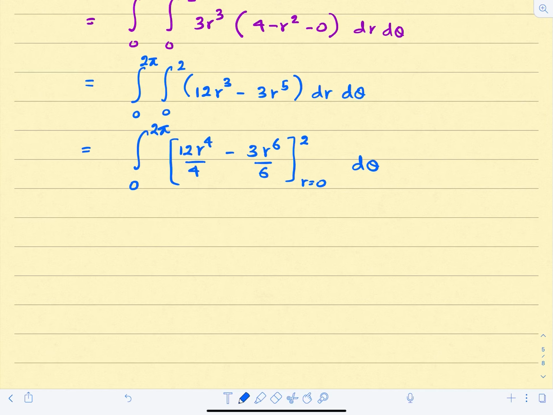If you apply the upper limit first, you will get 12 over 4, which is 3, so you have 3 times 2 to the power 4, minus 3 over 6 is 1 half, 1 half times 2 to the power 6. And if you apply the lower limit, you will get 0 and 0.